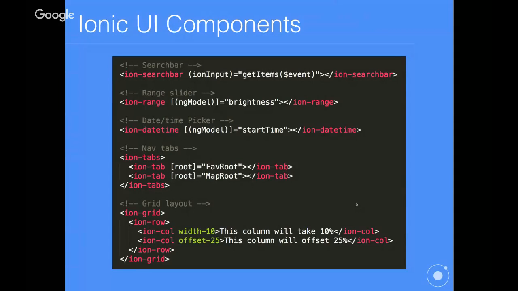But the number one thing that you'll notice between Ionic 1 and Ionic 2 is that we've shifted slightly to favor the use of directives and attributes, rather than classes.